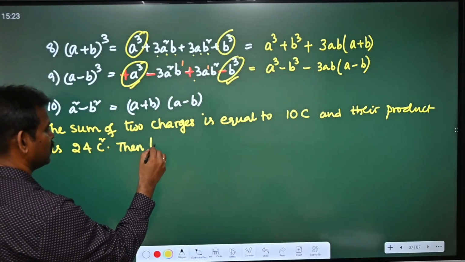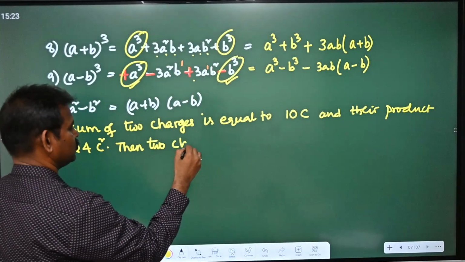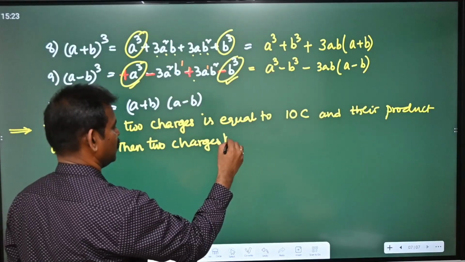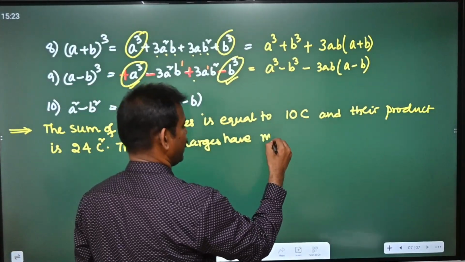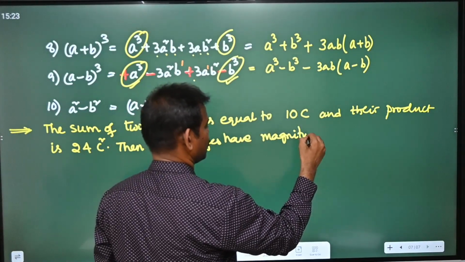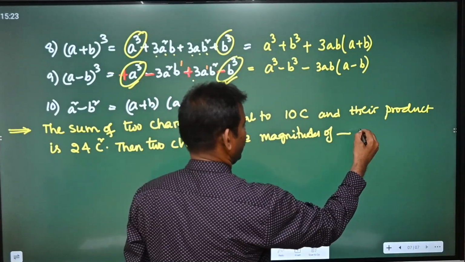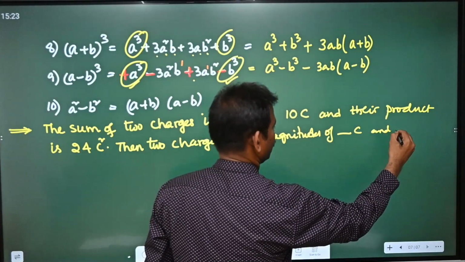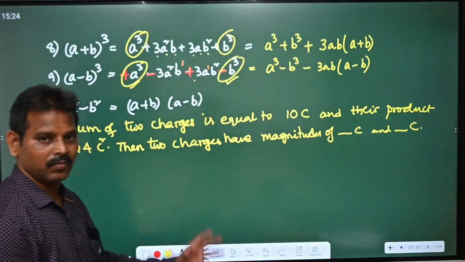Then the two charges have magnitudes of dash coulomb and dash coulomb. This is the given question, students.